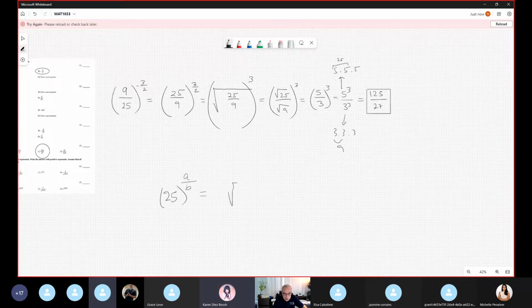When you translate to radical form, you copy 25, and this b is the index, and this a is the power. Okay?